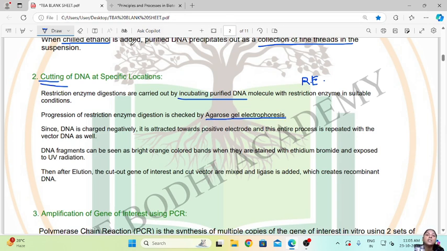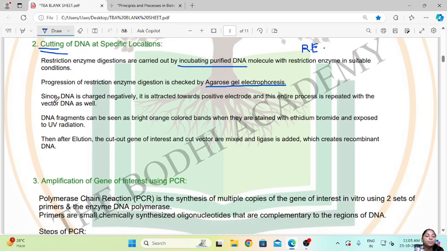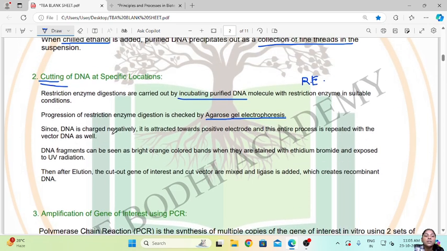This is the process which helps us to check or separate the DNA fragments which are cut, from smaller strands to larger strands. Now since DNA is negatively charged, it is attracted towards the positive electrode, and this entire process is also repeated with the vector DNA as well.